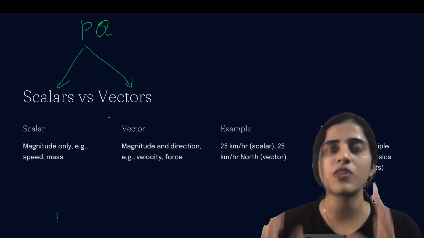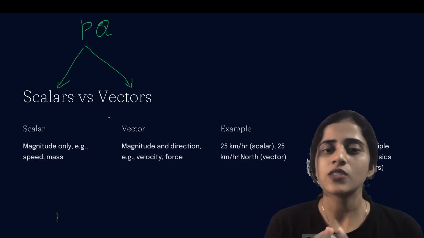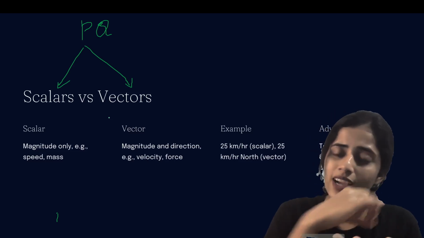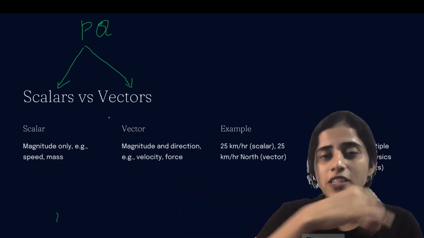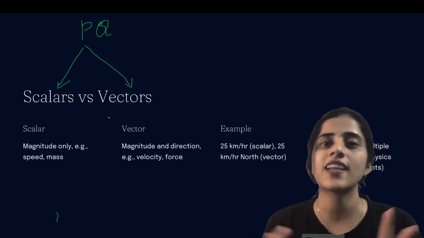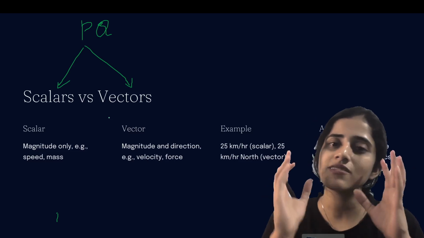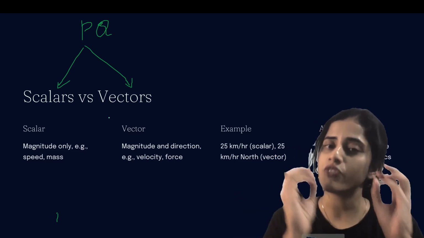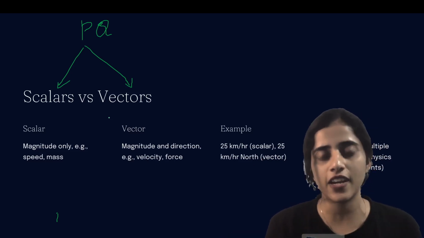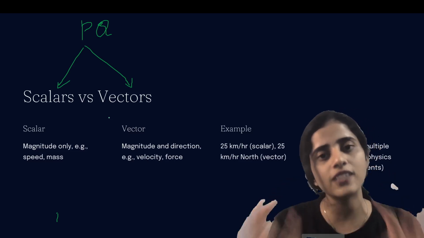Another example of a scalar quantity is distance. Imagine you walk from your house to your school. In which direction you walk does not matter, only how much length you walk, how much path you cover. That makes your total distance. Let's say it's 10 kilometers. Whichever direction it is, from your house to your school, it's 10 kilometers. You don't have to specify direction there. It's still valid. When you say 10, it's 10.